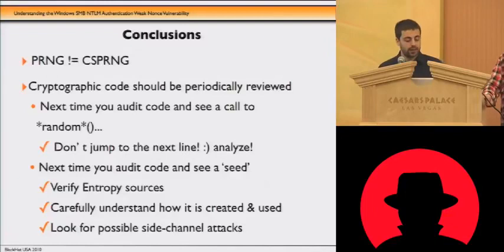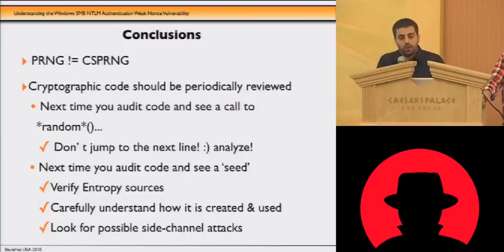Since this is a flaw that has been in the code for so long, one thing to keep in mind when you are reviewing code that generates random or pseudo-random numbers, or that implements protocols similar to this one, is that if you are auditing the code and you see a call to some random function, don't expect that function to return the kind of random that you need.